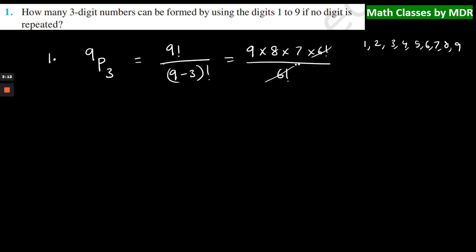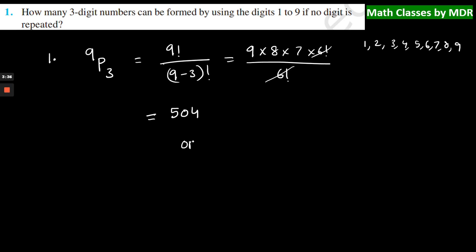So 6 factorial gets cancelled, and 9 into 8 into 7 is 504. So 504 3-digit numbers can be formed by using 1 to 9 if no digit is repeated.